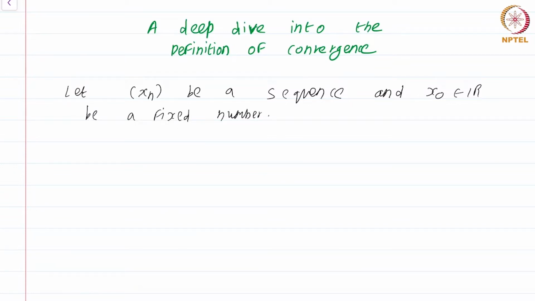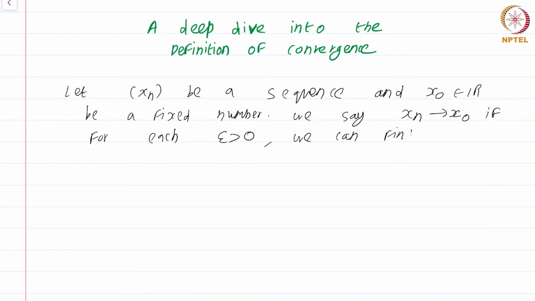We say x_n converges to x_0 if for each epsilon greater than 0 we can find N_epsilon in the natural numbers such that |x_n - x_0| < epsilon for all n greater than N_epsilon.